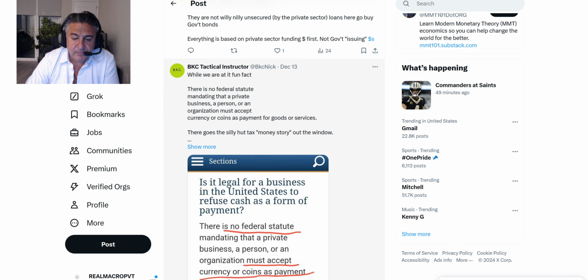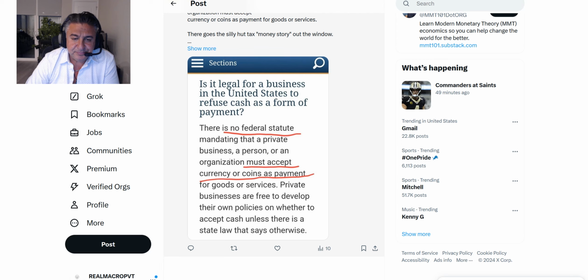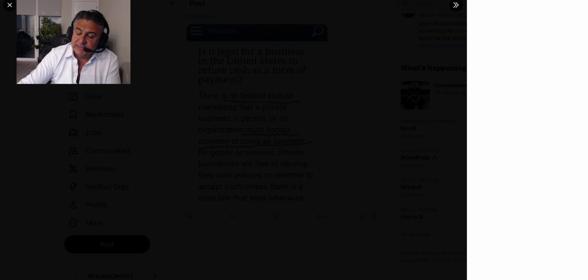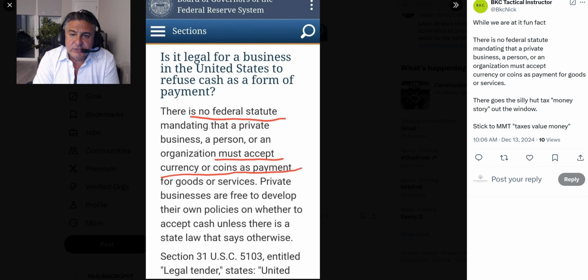And then, come down here, and here's the law. I think it's important so you guys can understand, because he tries to use this hut tax, right? Oh, if you don't pay your taxes, they're going to come and burn your hut down. Well, guess what? Is it illegal for a business in the United States to refuse cash as a form of payment?